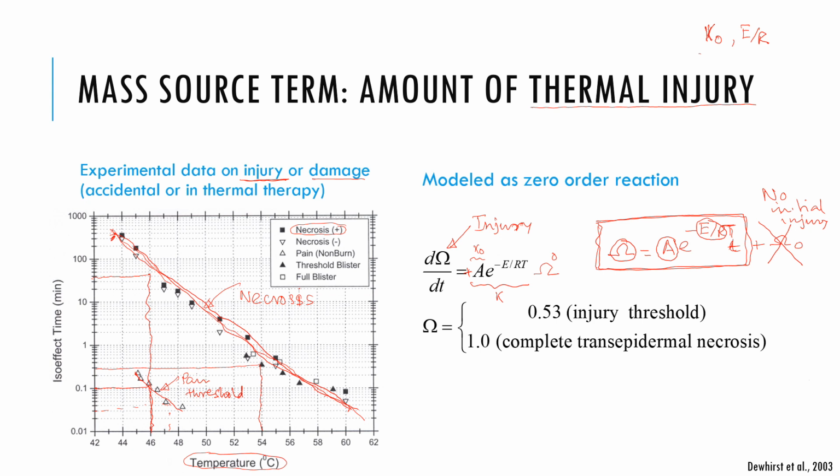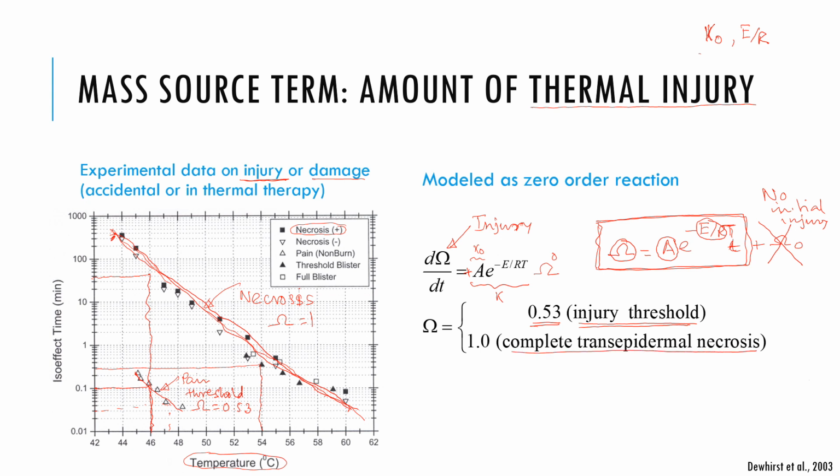If we do that, we get omega equal to 0.53 for the injury threshold, whereas omega is 1 for the complete necrosis.